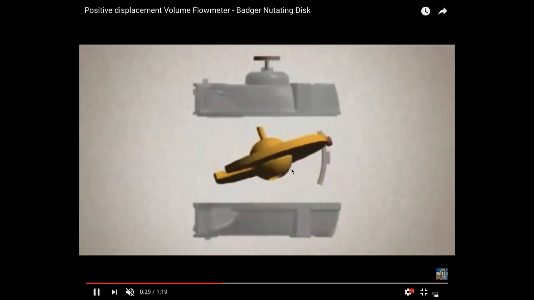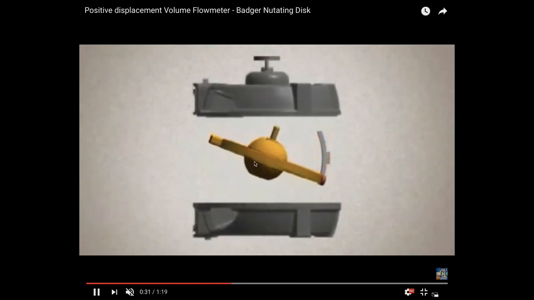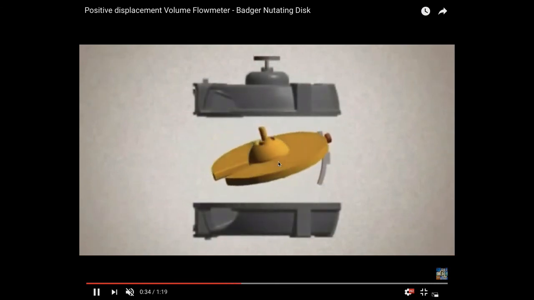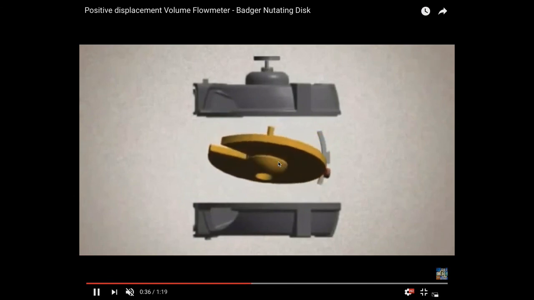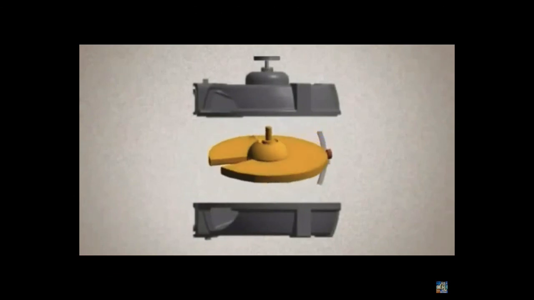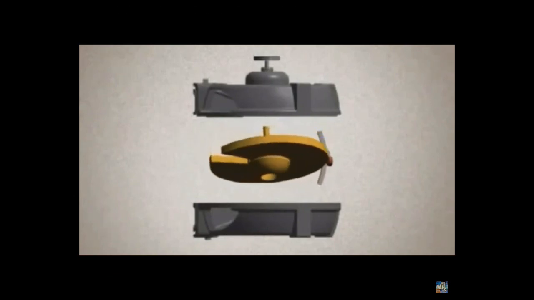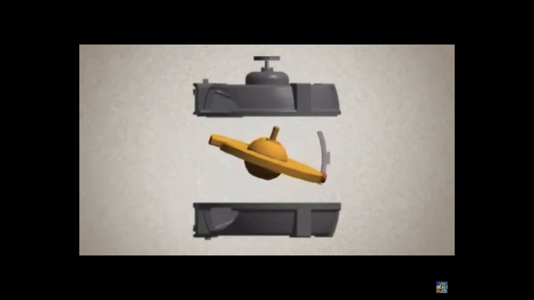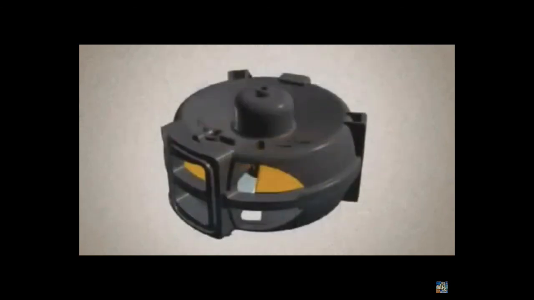The fluid goes in, it gets caught underneath this nutating disc, and it delivers a set volume out of the downstream end as it rotates through one dimension. You could almost think of it as being a flapper that fills up and then discharges downstream.